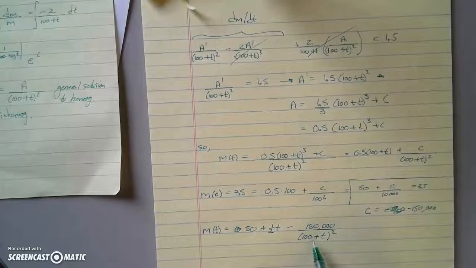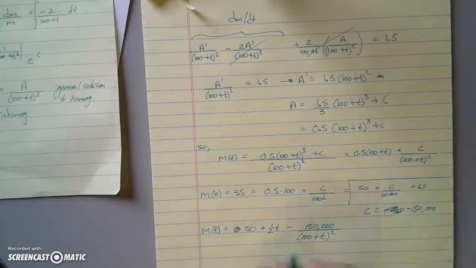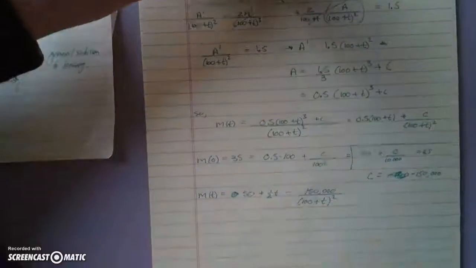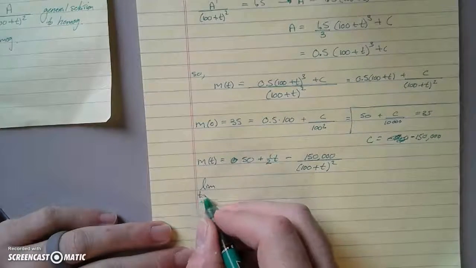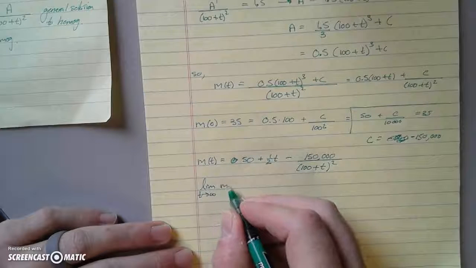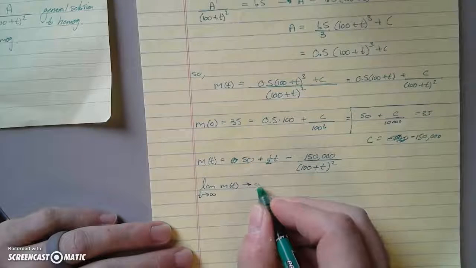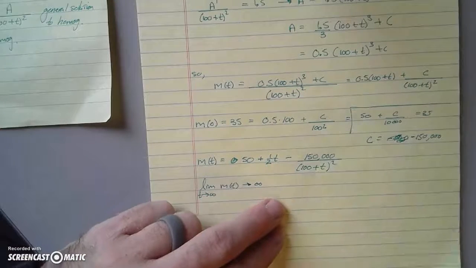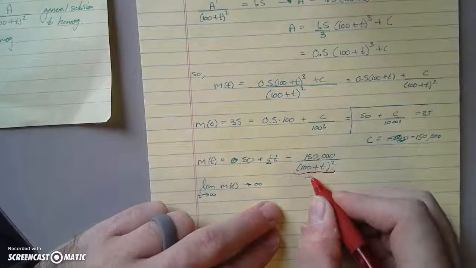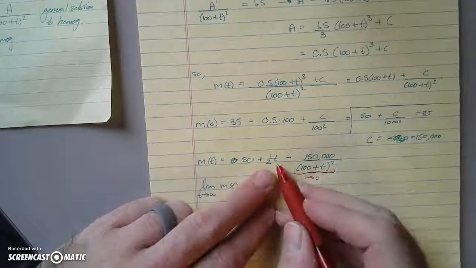Now that looks weird. Now, what does this look like as t goes to infinity? This blows up. So the limit as t goes to infinity of m of t is infinity. Right? This term here would eventually go to 0, and this would not.